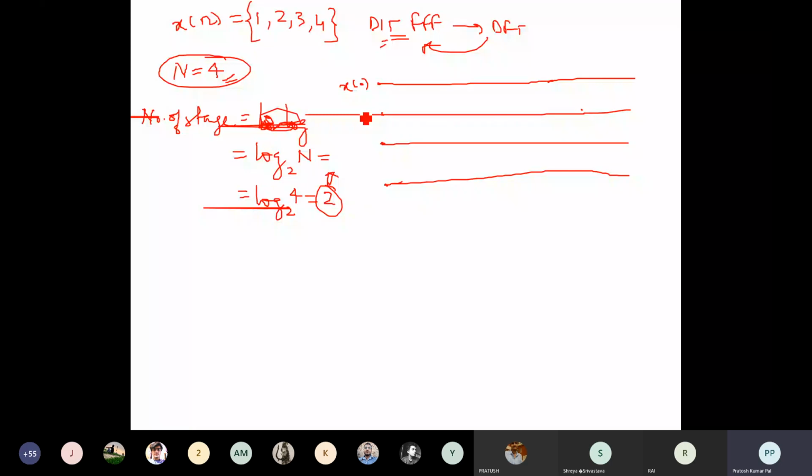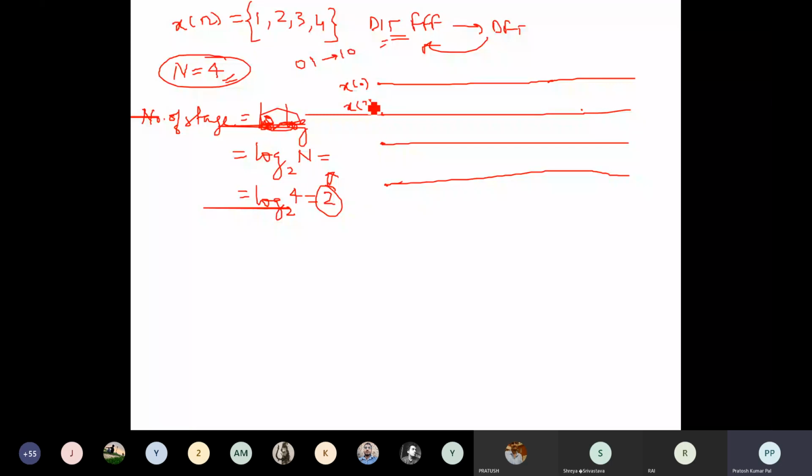It should have a bit reversal. So x0 will be x0 after bit reversal also, but x1 will be bit reversed. After bit reversal, x1 will be x of 2, because 01 is the 2-bit representation, and once it is bit reversed, it becomes 10, which equals 2.